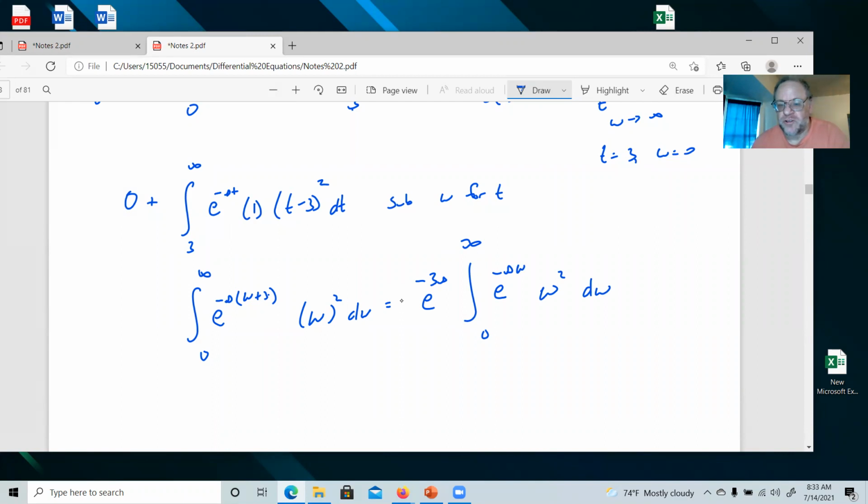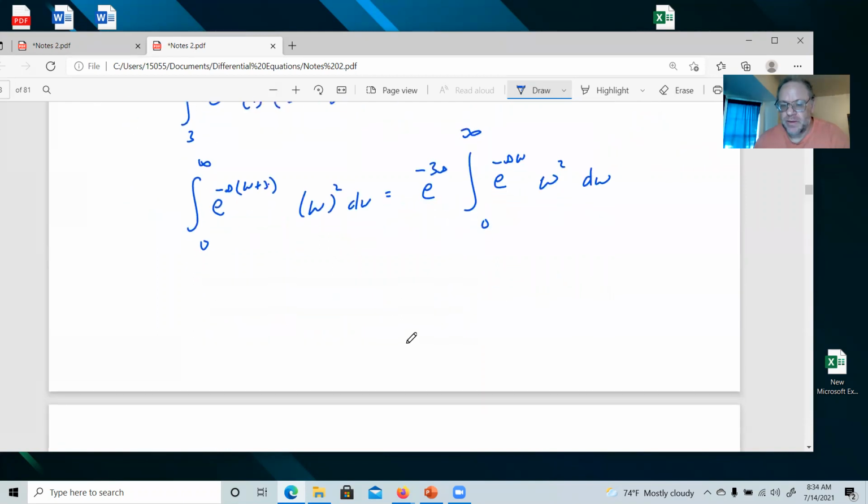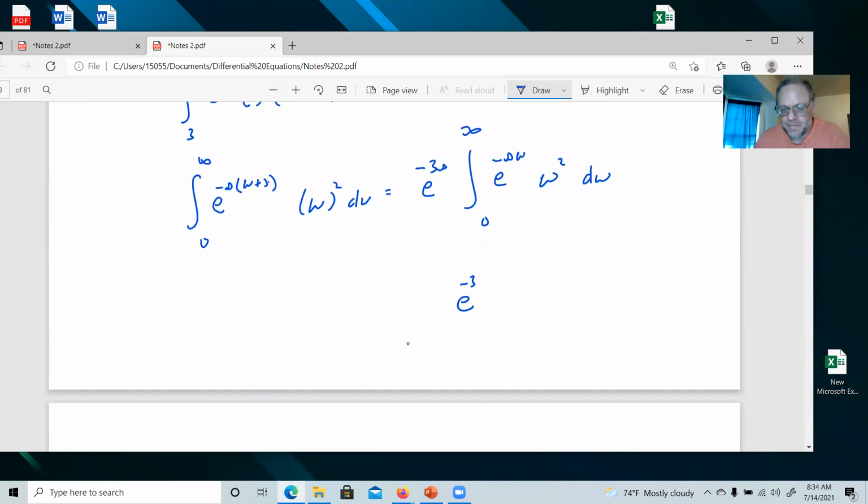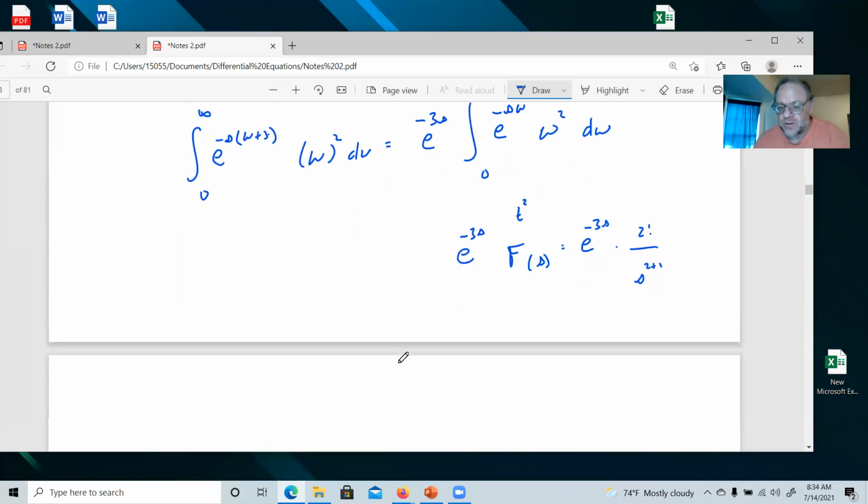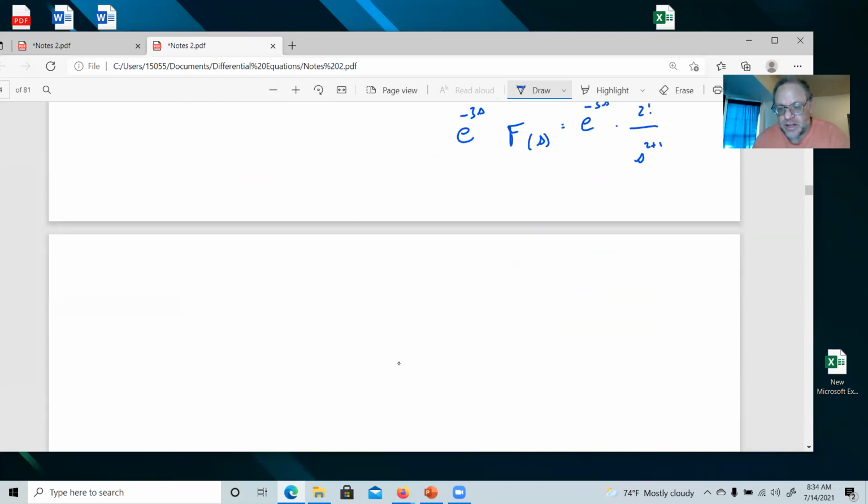Isn't this the definition of the Laplace transform? This is F of s, where f is w squared. So this equals e to the negative 3s times 2 factorial over s to the 2 plus 1, which gives 2e to the negative 3s over s cubed.